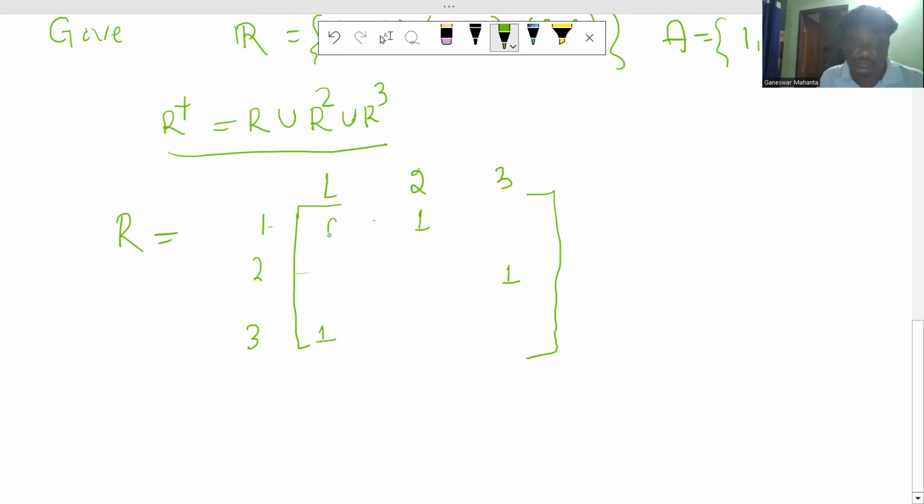Other elements should be 0. This is R defined in the form of a matrix.